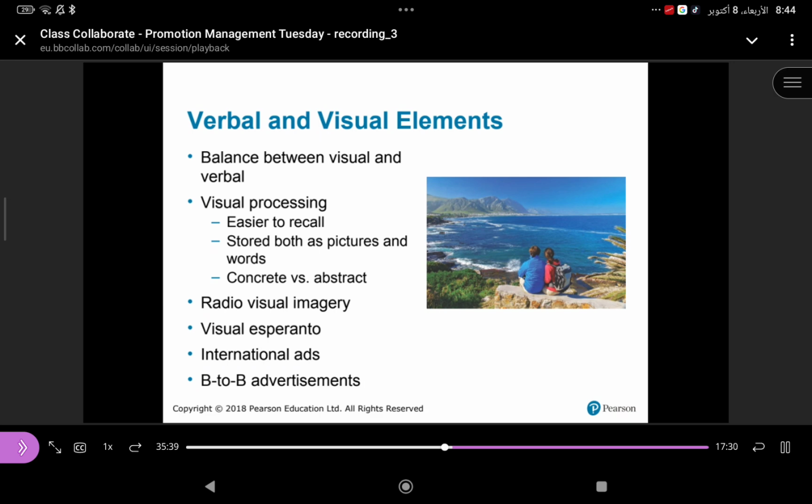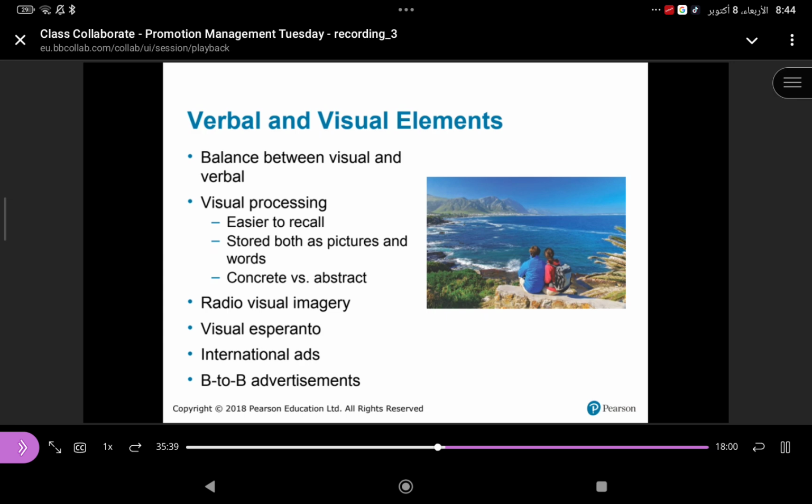Just imagine the ads of Coca-Cola, Saudia Airlines, or any food items. They are basically talking about some products and showing the visuals also. The verbal elements provide clarity and specific details.